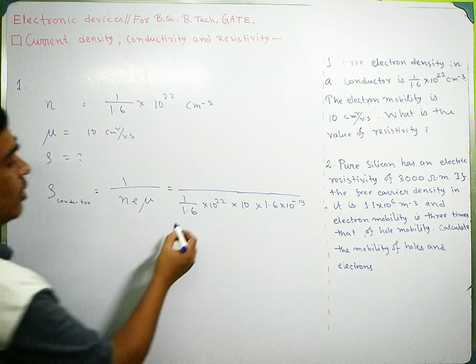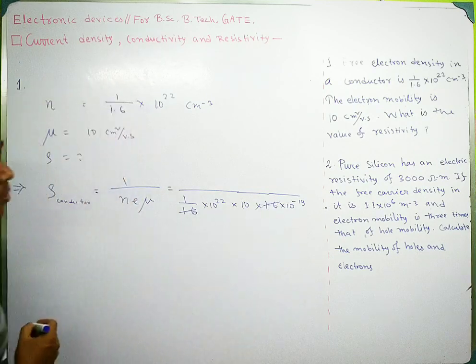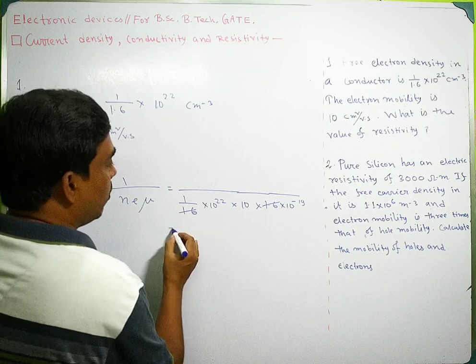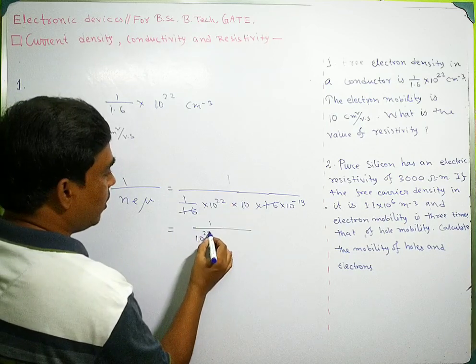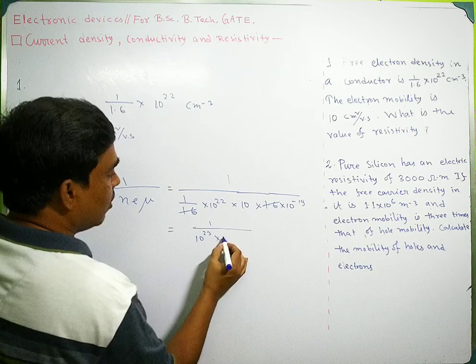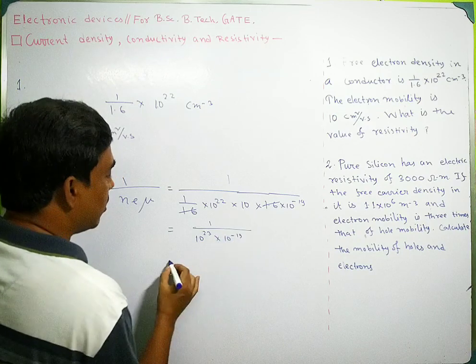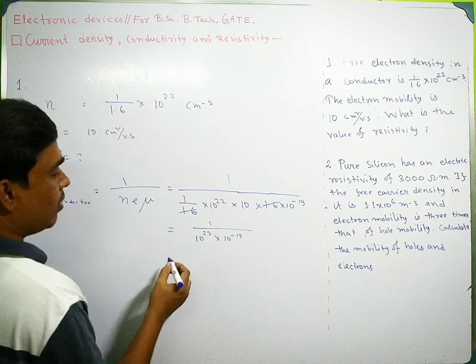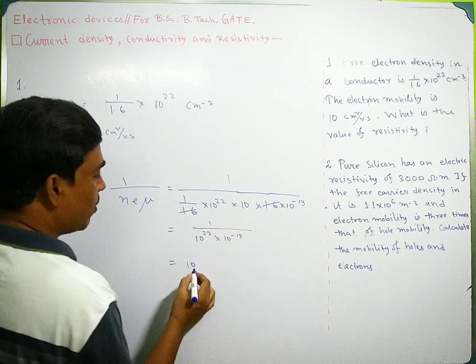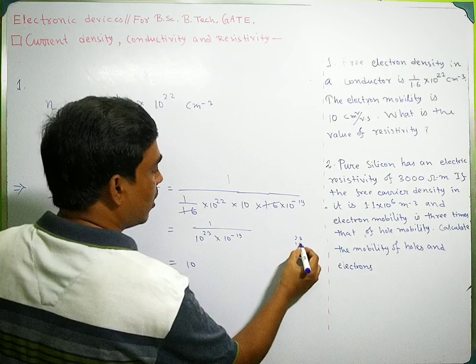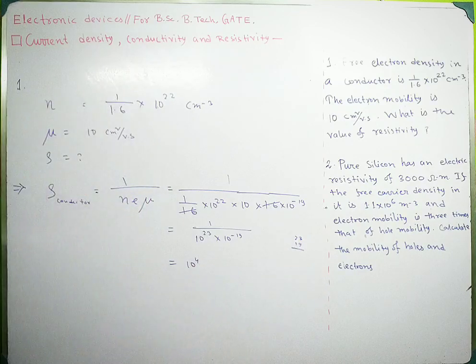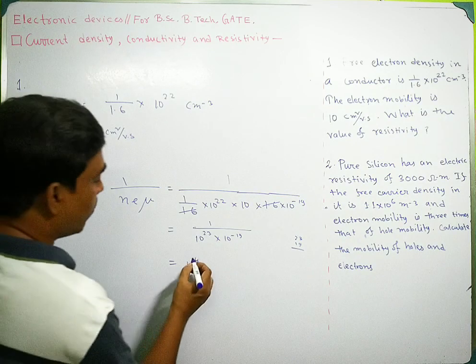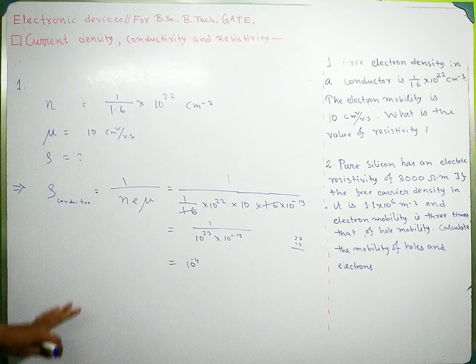So this cancels out, and it will be 1 by 10 to the power 23 into 10 into 10 to the power minus 19. So it will be 10 to the power minus 4.